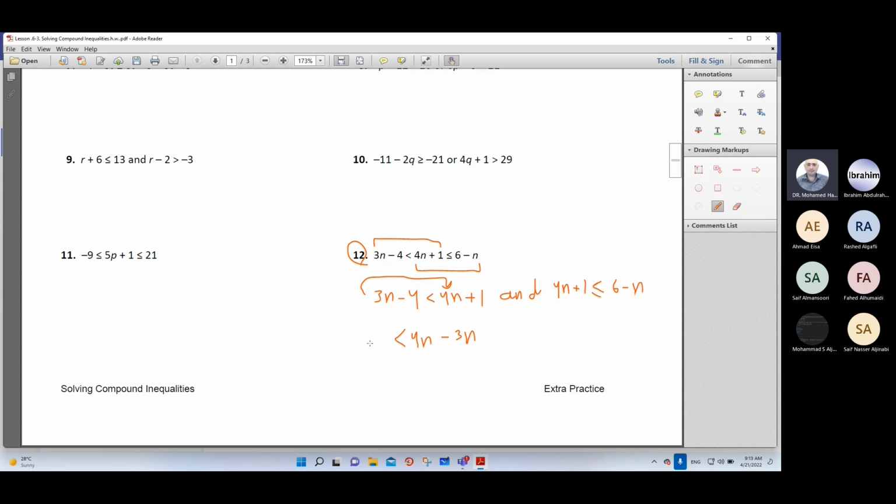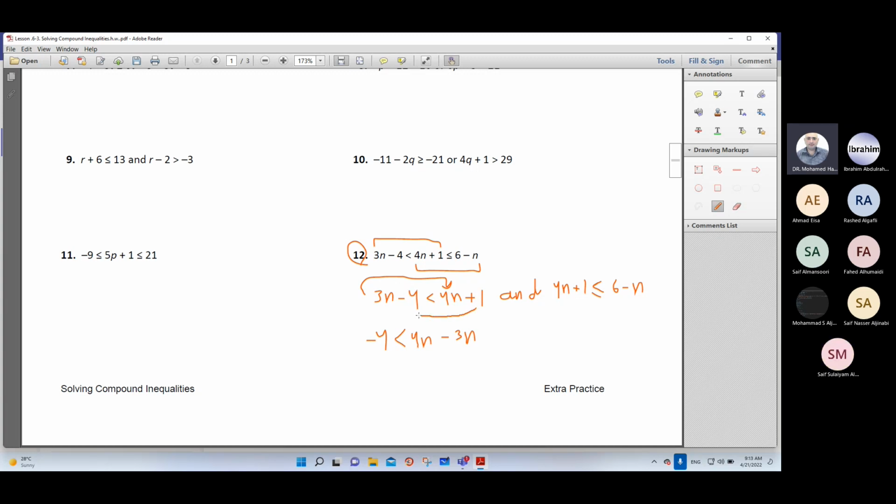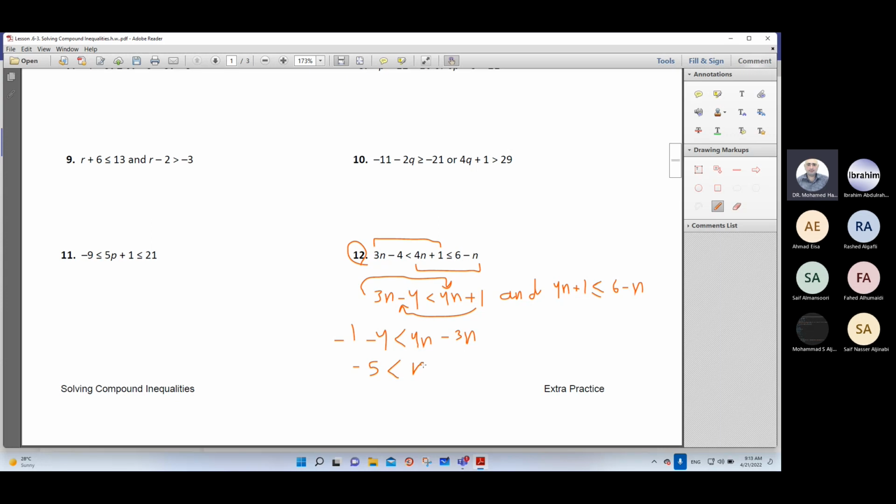In the first side, here we have negative 4. Then move 1 to the first side, it will be negative 1. Negative 1 plus negative 4 will be negative 5, less than 4n minus 3n, which is n.